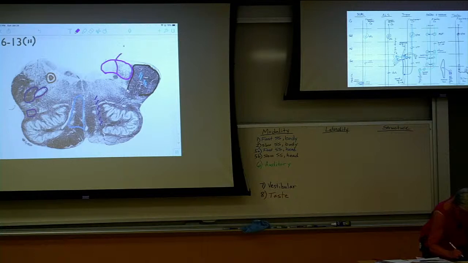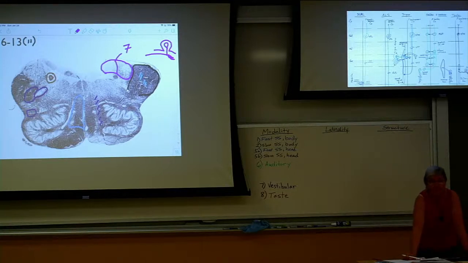So this is structure number 7, and we have a primary afferent out in the periphery, so its cell body is going to be in what? In a ganglion, indeed, and this is going to be associated with the 8th cranial nerve.